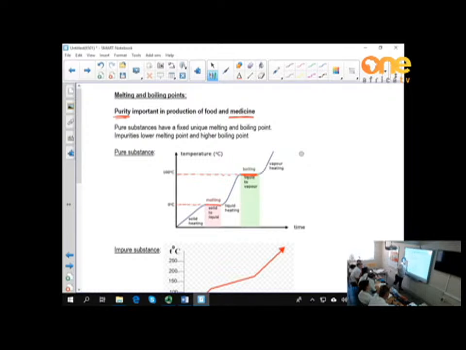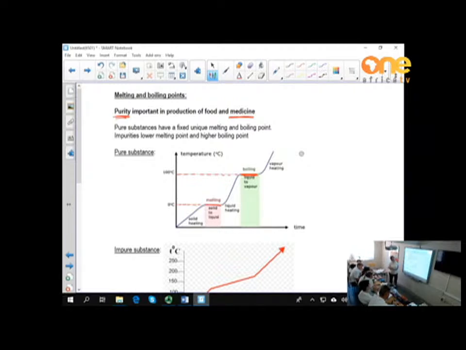And the medicine has a specific recipe with specific chemicals in it. Then I will find that if I don't work with pure substances to make my medicine, I can end up making something that is quite poisonous. So we need to know when we are working with something that is pure.